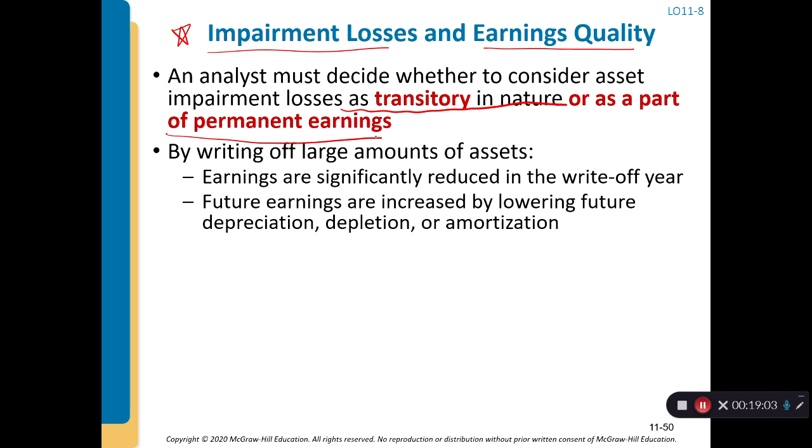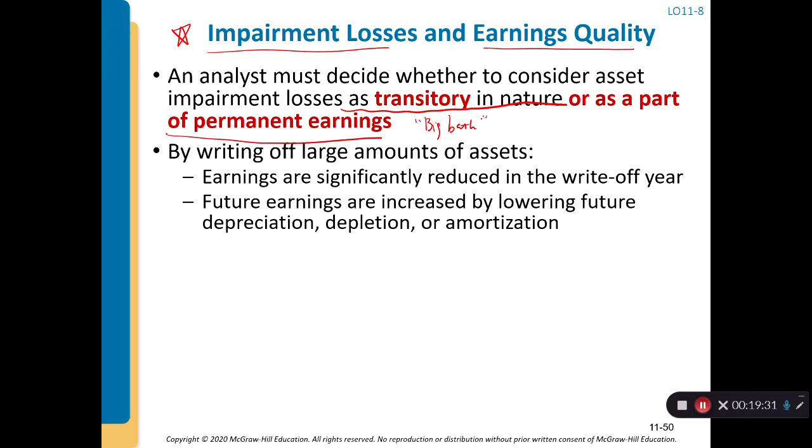We are now adding asset impairment losses to the list of big bath accounting techniques some companies use to manipulate earnings by writing off a large amount of assets. The companies significantly reduce earnings in the year of the write-down, but are able to increase future earnings by lowering future depreciation, depletion, and amortization. Here is how.